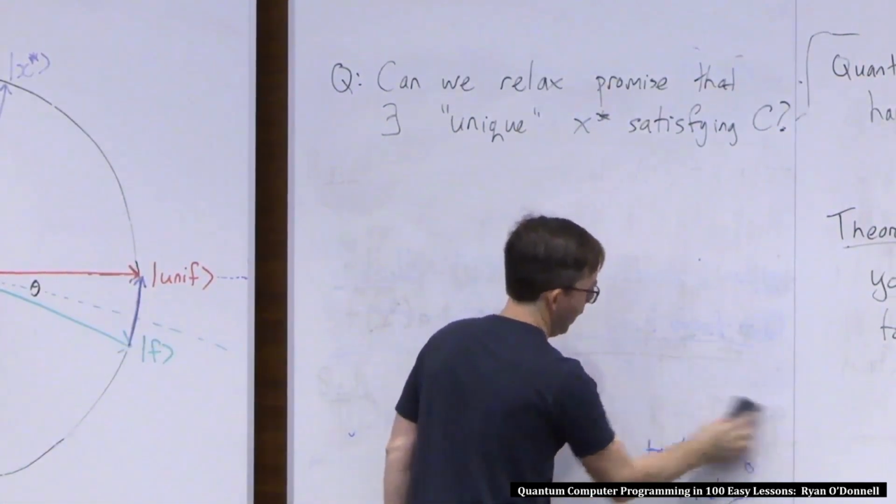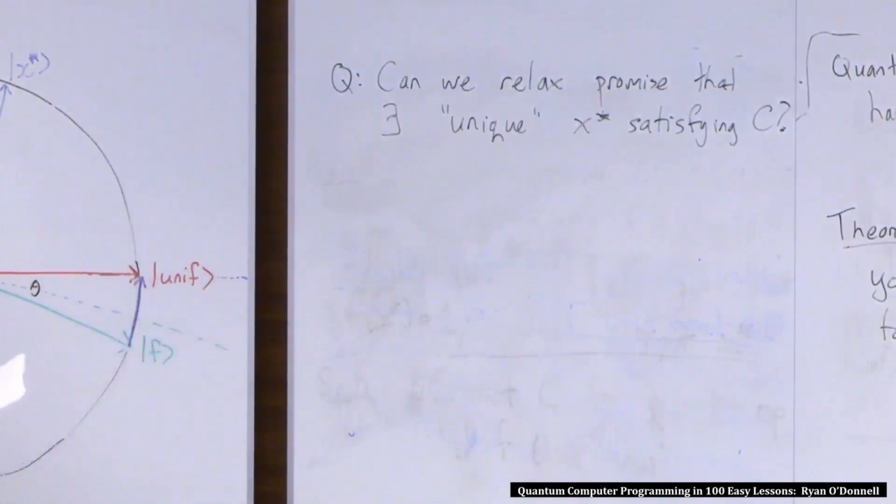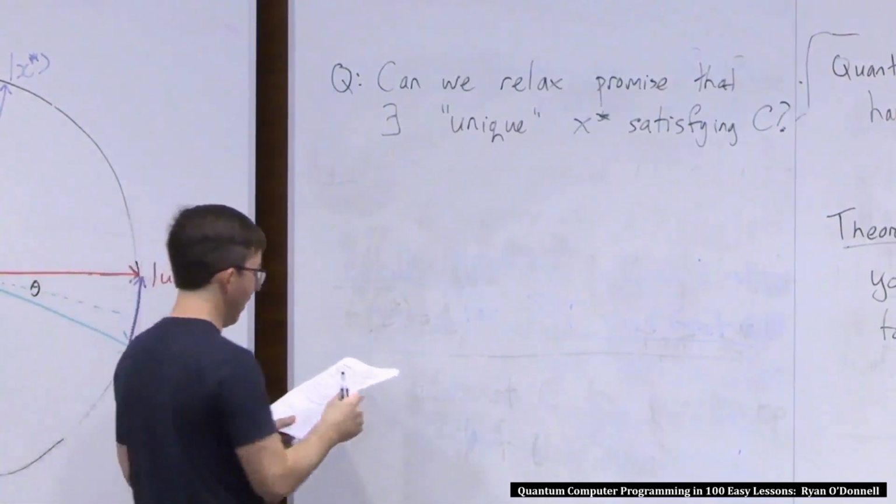So as a warm-up, let's start with a very simple alternative case. Suppose that somehow we knew there were exactly 3 strings that satisfied C. I picked 3 as a nice small number.